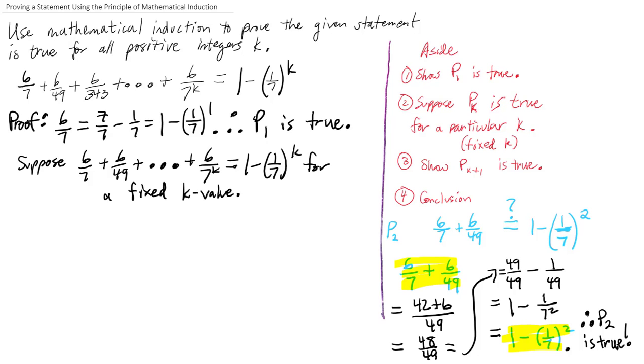Now, our goal is to show that p sub k plus 1 is true. So let's observe p sub k plus 1 on the left-hand side of the equation.